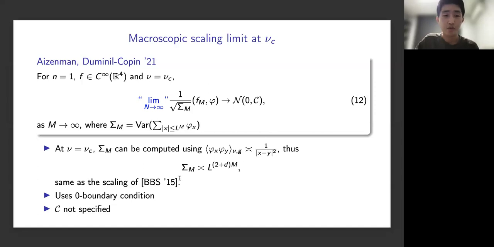This is due to their use of the boundary condition. They use the 0 boundary condition instead of the periodic boundary condition. One of our contributions in our paper was to clarify the role of this boundary condition when you study the critical phenomenon. And finally, the covariance matrix C here is not specified for Eisenman and Newman-Koppang.